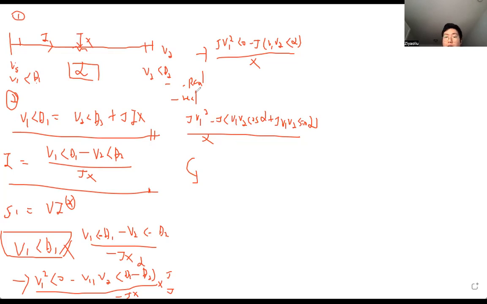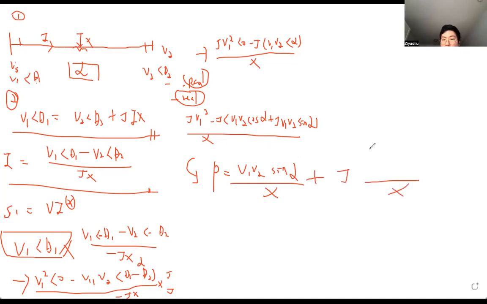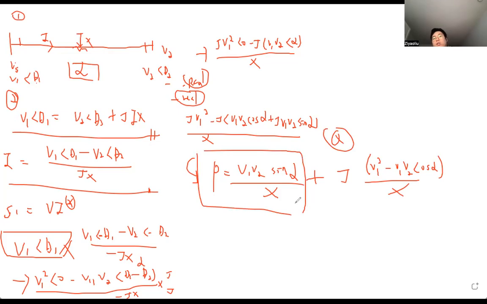We want to separate the real and imaginary numbers. Here j makes it the real number, so first the P part: V1 V2 sine delta over X, plus j times (V1 squared minus V1 V2 cosine delta) over X. This is Q and this is P. That's how we find this equation. Let's move on.